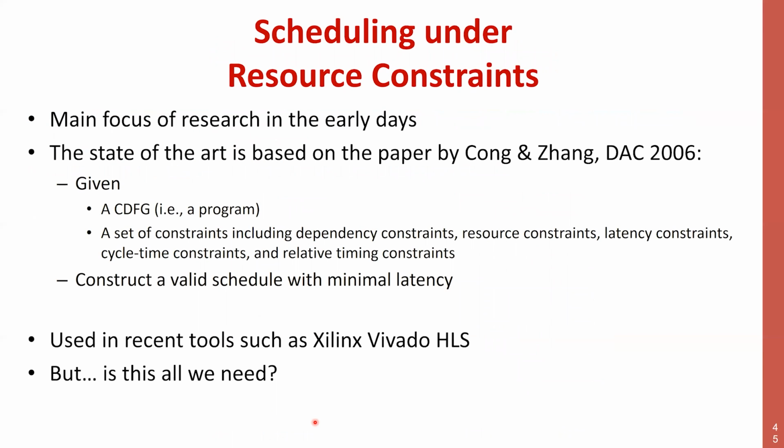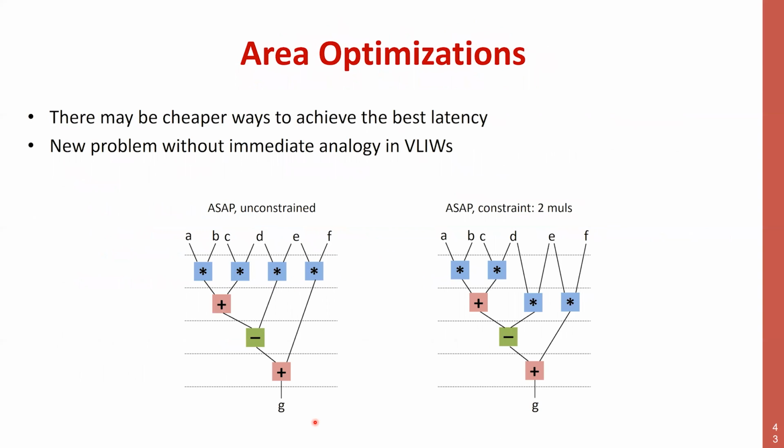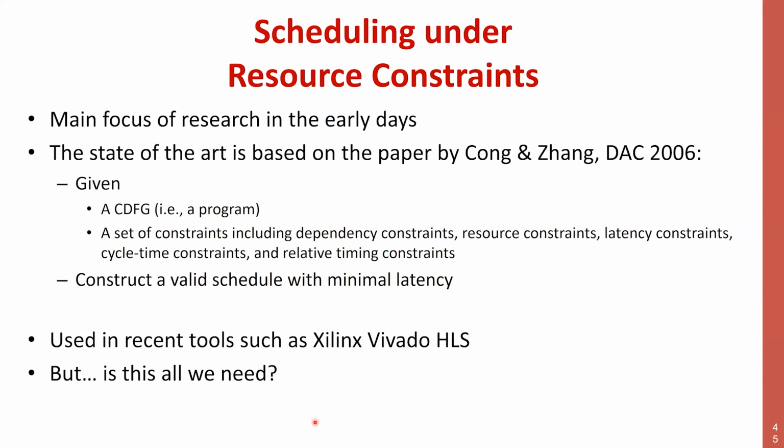So the only real piece of progress that there has been in high-level synthesis in the last few years is this famous paper by Jason Cong and Zhiru Zhang in 2006, that essentially captures in a single formulation most, if not all, of these problems, especially these kind of problems that we have seen here, and therefore constructs algorithmically a valid schedule with minimal latency.